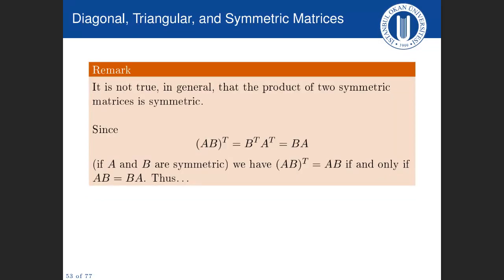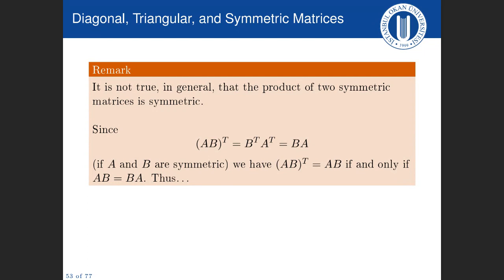But I want to remark that it's not true in general that the product of 2 symmetric matrices is symmetric. Because the transpose of AB, remember when we take the transpose of AB, we need to swap the orders of B and A before we put a transpose on each of these. We get B transpose, A transpose.